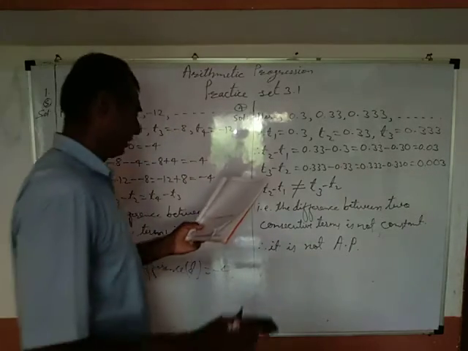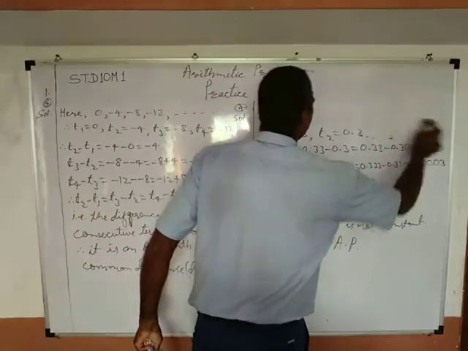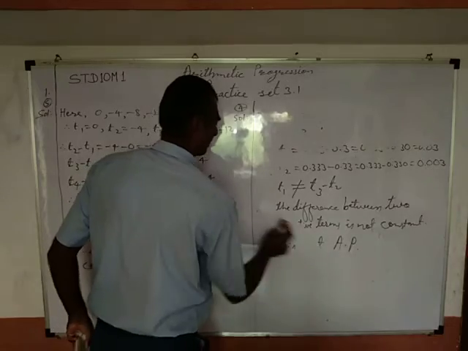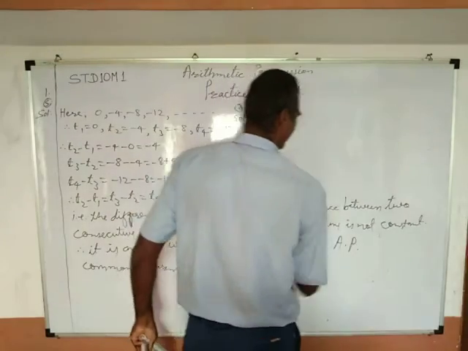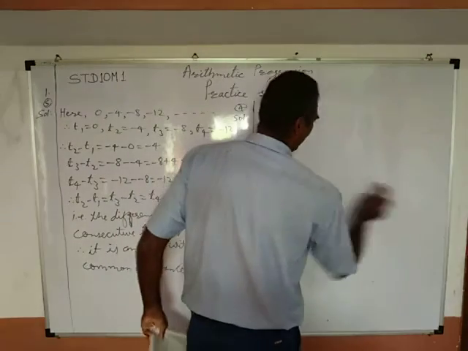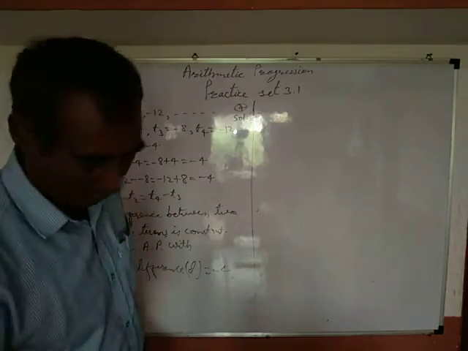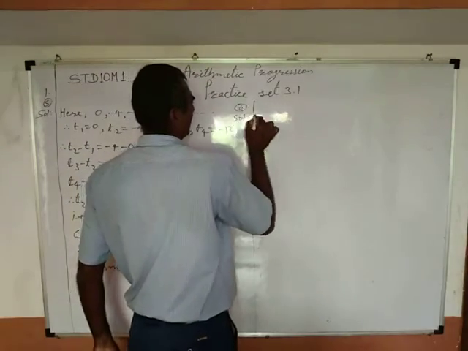Question 6th. Let's solve question 6th. The given sequence is -1/5, -1/5, -1/5. Solution.